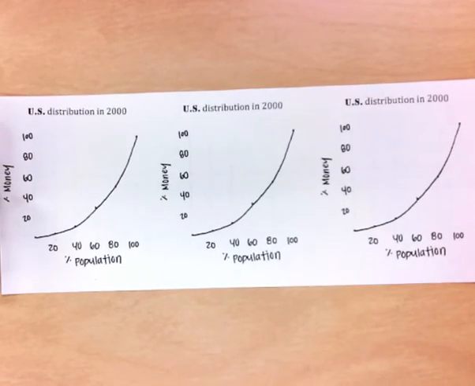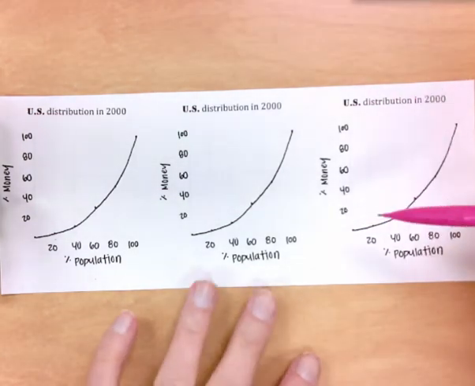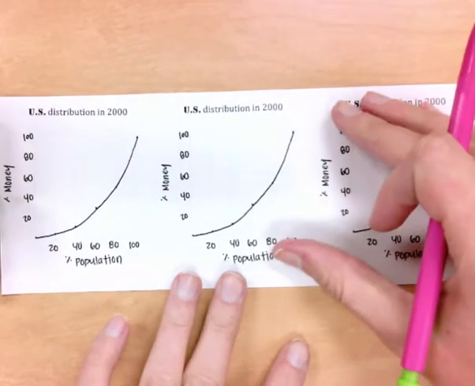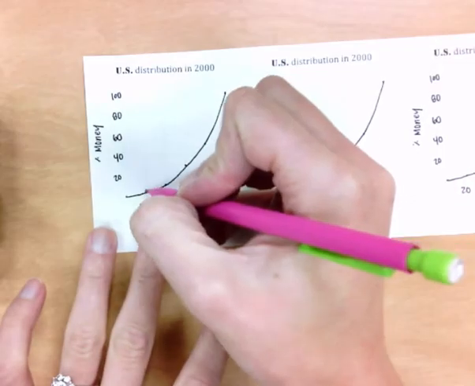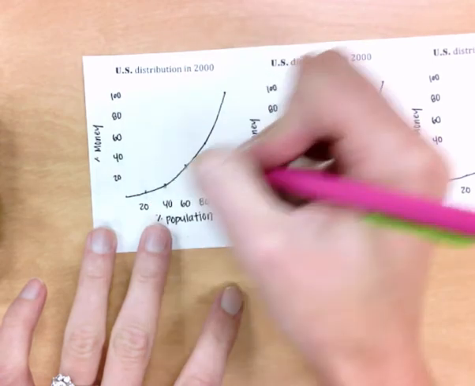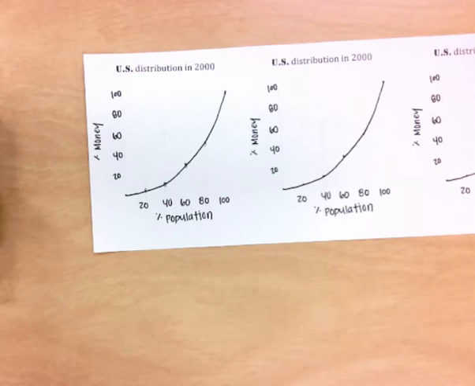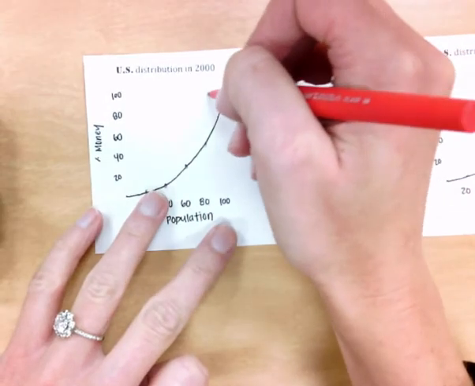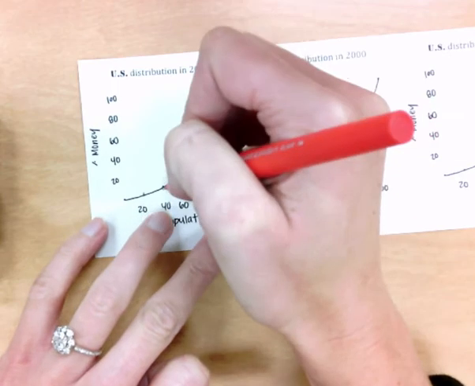So the next type is the midpoint sum, and a midpoint sum won't work for this distribution, but I want to show you why. For the right-hand sum, all of these points had to be the right-hand corner of each of the rectangles, right? So your right-hand sum was an overestimation with this data.